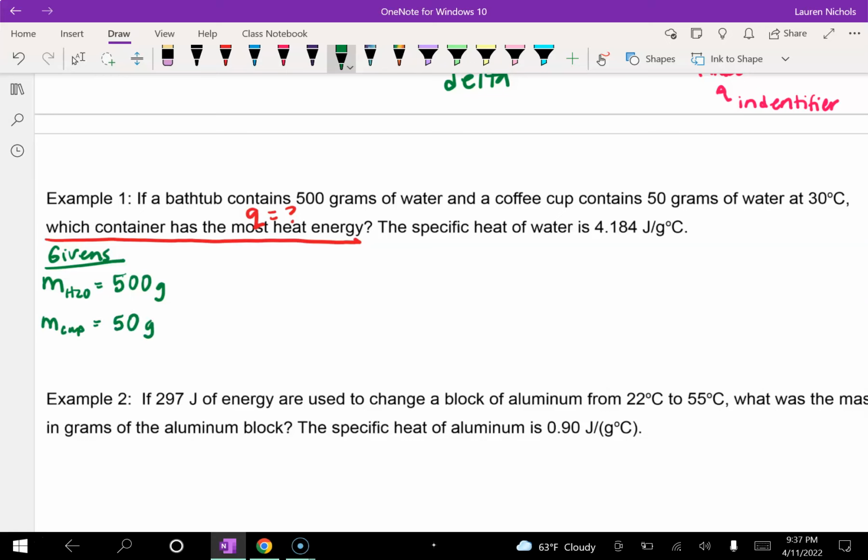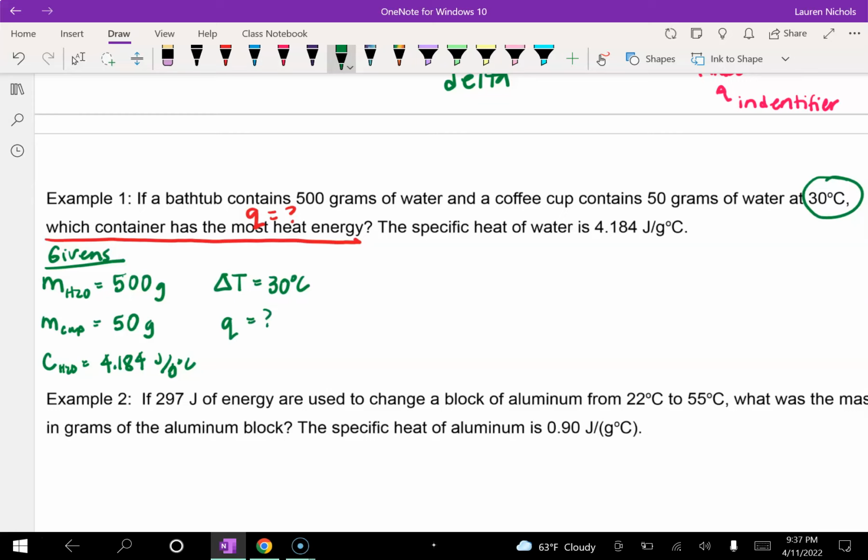And we know that the specific heat of water is 4.184 joules per gram degrees Celsius. Even though they say it's at 30 degrees, we're just going to assume that our change in temperature for both objects is 30 degrees Celsius, and Q is what we're looking for.